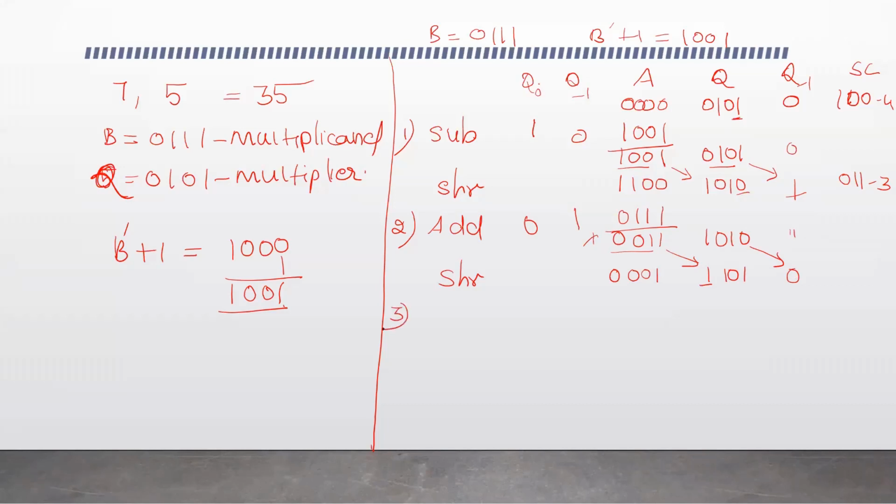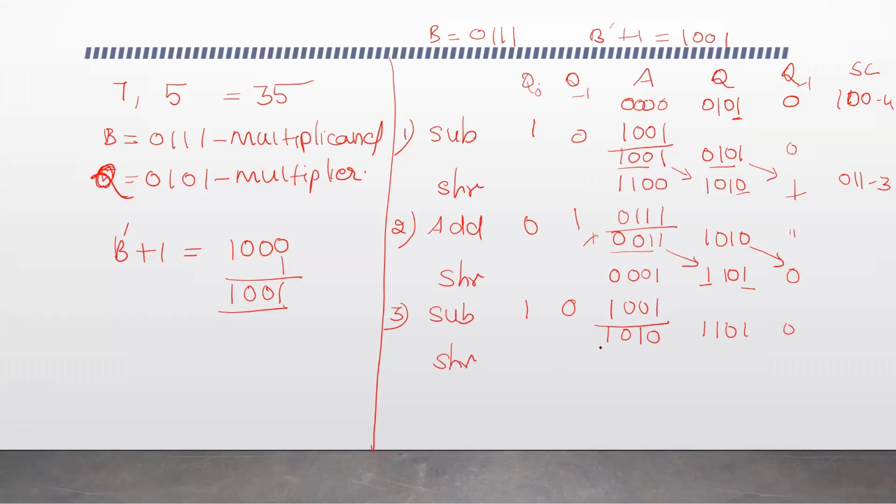Now the third step. Check Q0 and Q minus 1. It is 1 and 0. Now subtract. For subtracting, we take the 2's complement, 1, 0, 0, 1. When you add, you get 1, 0, 0, 1. And Q is 1, 1, 0, 1. Just copy this and perform shift right.